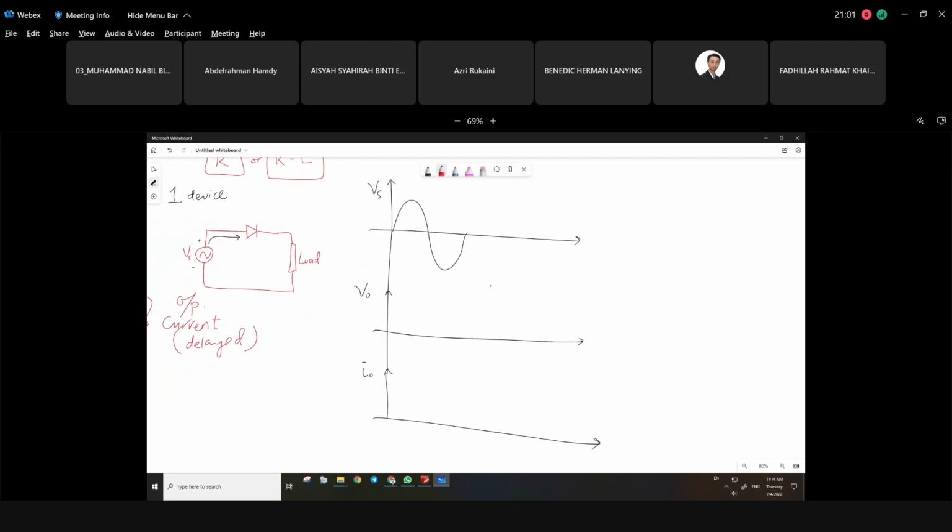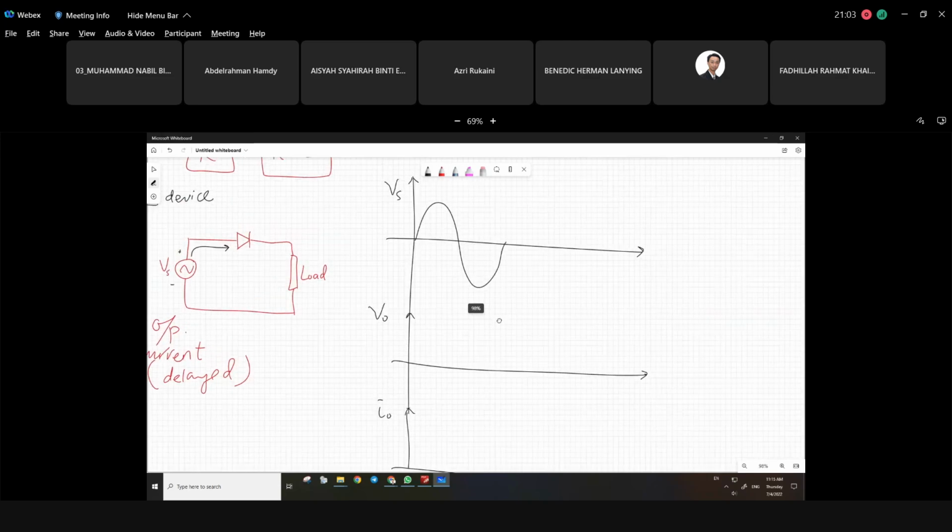Have a look at the left-hand side circuit. This is uncontrolled because of using a diode. So you expect that the output is always following the input, because we're focusing on the R load first. Let's say this is pi and this is 2 pi. During the positive half cycle, do we get the output?